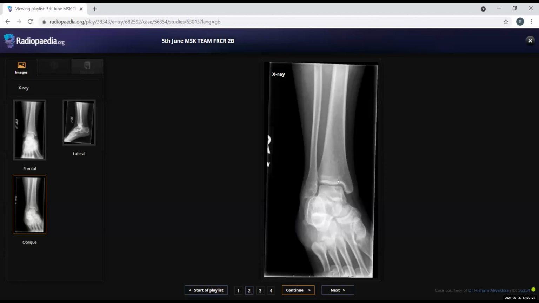Excellent. So this most likely represents an osteochondritis dissecans of the right talus. For that case, I would recommend referring the patient to the orthopedic team. She will need an MRI for further grading of the lesion, which will guide her management. Okay, excellent.